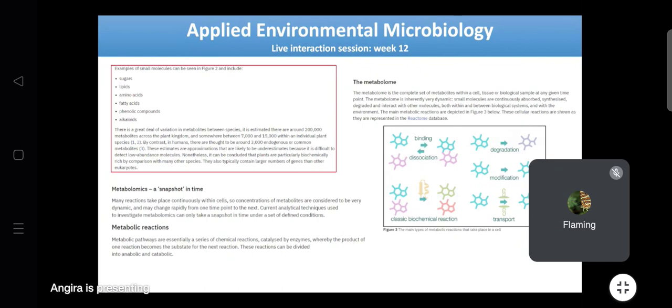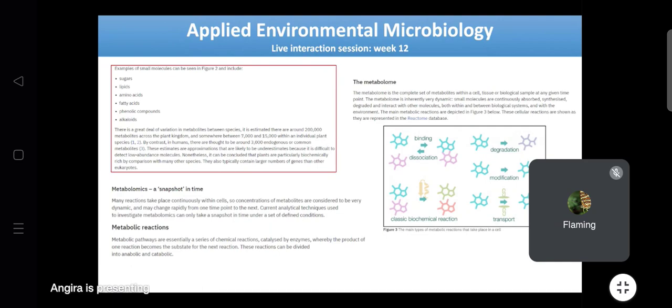So the small molecules are continuously absorbed, synthesized, and degraded. And sometimes they are also interacting with other molecules both within and between biological systems. So the main metabolic activities can be binding of one metabolic molecule with another, and also simultaneously dissociating from that metabolic molecule.